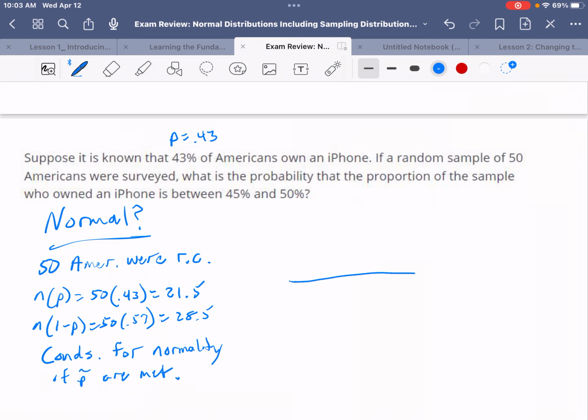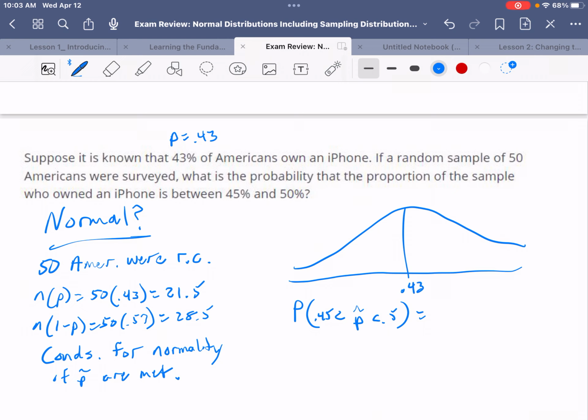And so now I can justify my work, if this is a free response question. What is the probability that P hat is between 0.45 and 0.5 is the question. The mean is 0.43, and we're looking for the shaded area between 0.45 and 0.50 to answer this question.